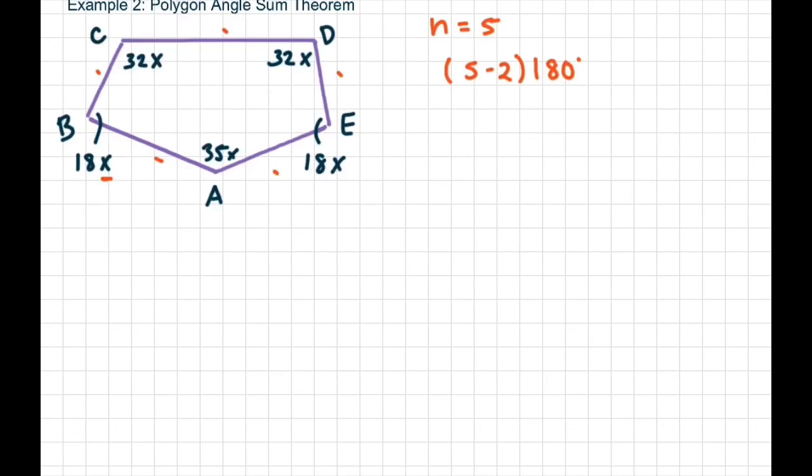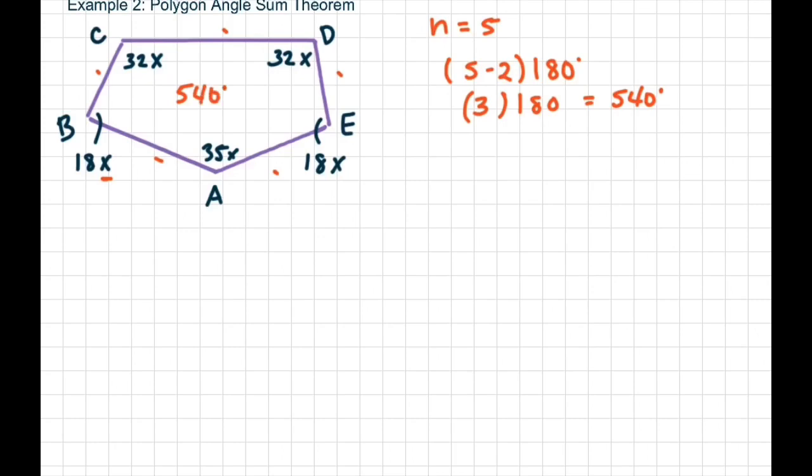So 5 minus 2 is 3. So 3 times 180. And 3 times 180 is 540. So 540 degrees. So that's how many degrees are in here all total.